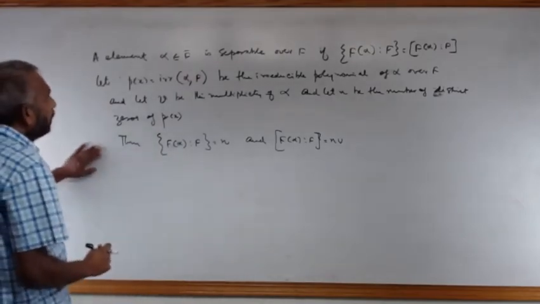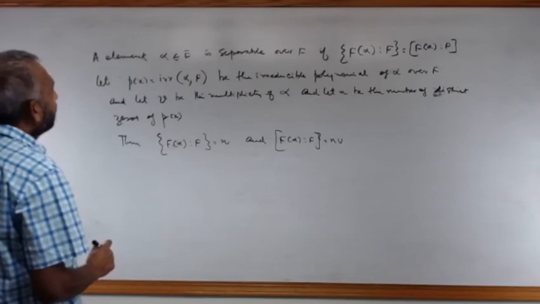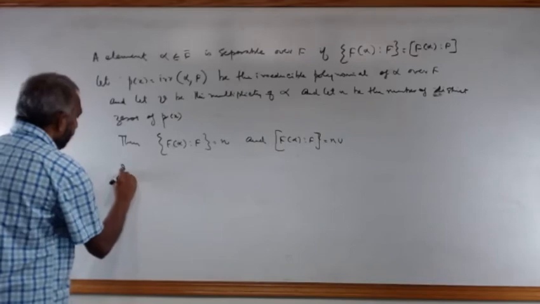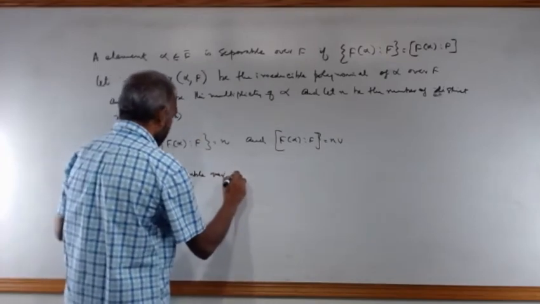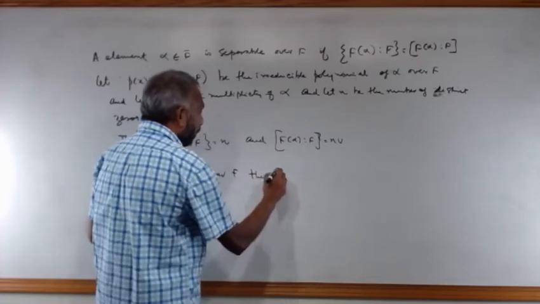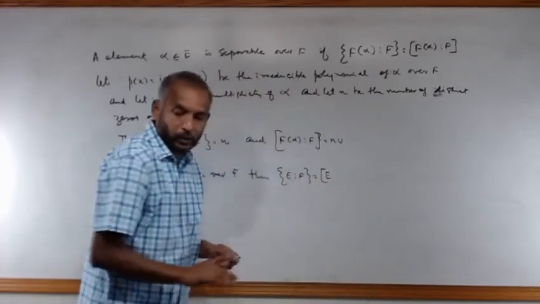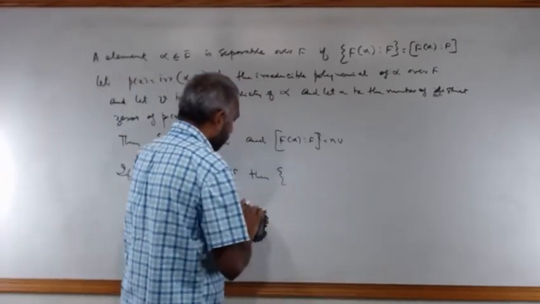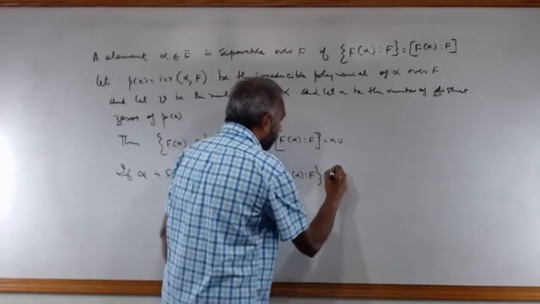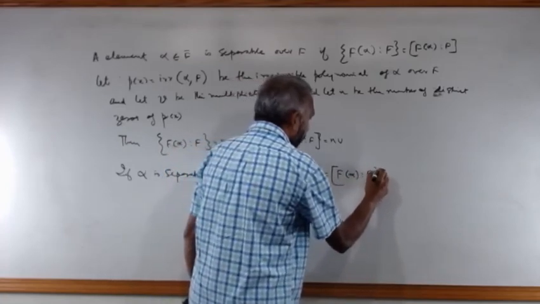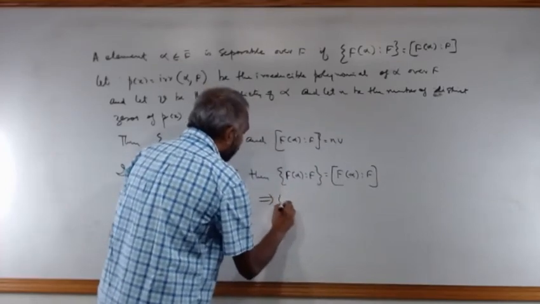So if you want alpha to be separable, then if alpha is separable over F, the index is equal to the degree of F(alpha) over F. And that implies v is equal to 1.